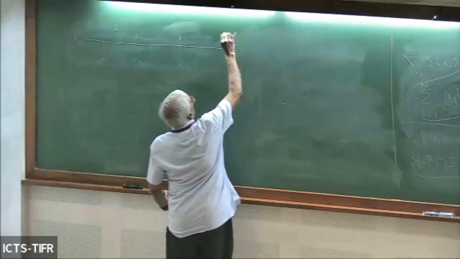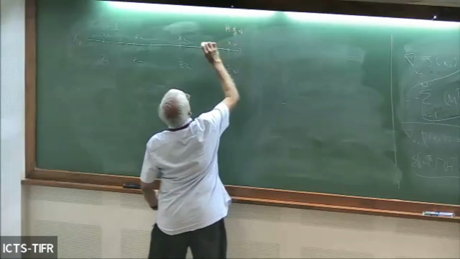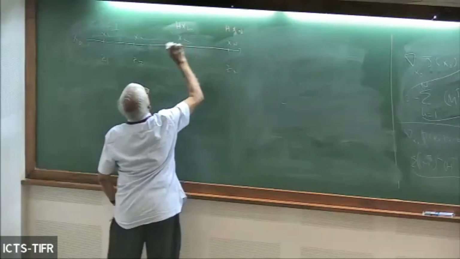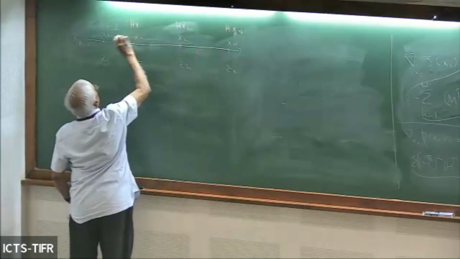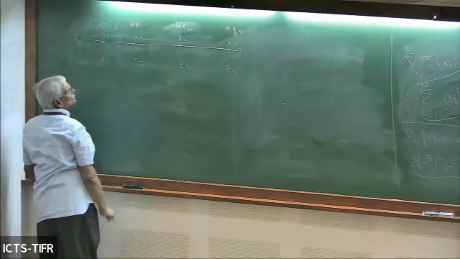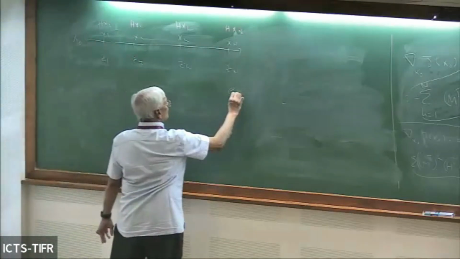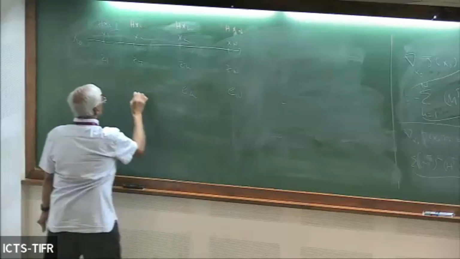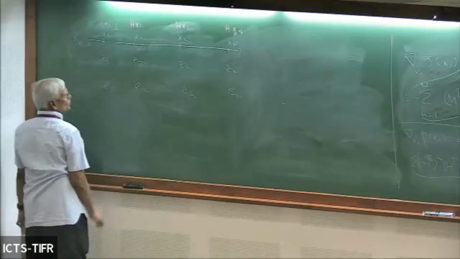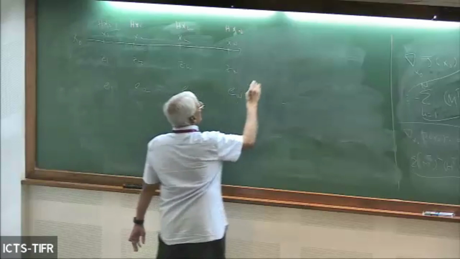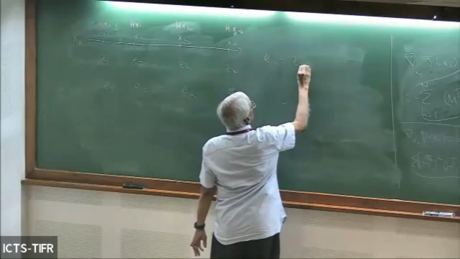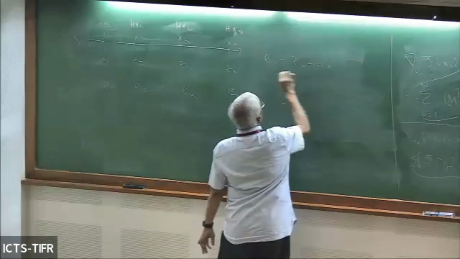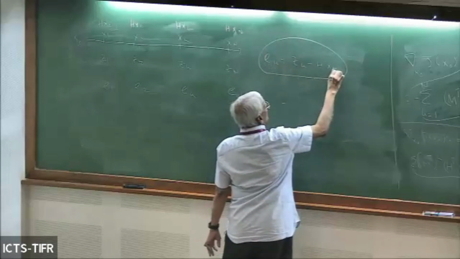I have h of xn, h of xk, h of x2, h of x1. So I have en, ek, e2, e1. Ek is equal to zk minus h of xk. You all know that, right?